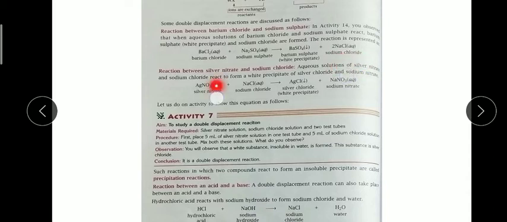Whereas with silver nitrate and sodium chloride, we know sodium is more reactive than silver, so they interchange and produce silver chloride, again a white precipitate, and another product, sodium nitrate. So this is all about the double displacement reaction.